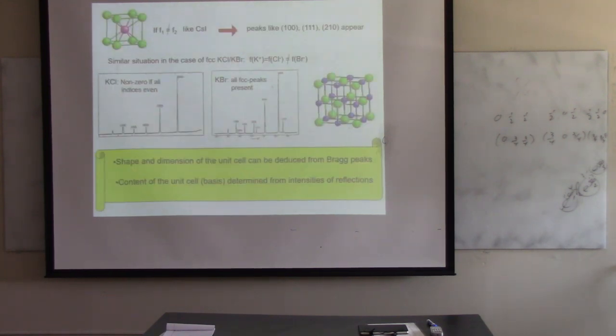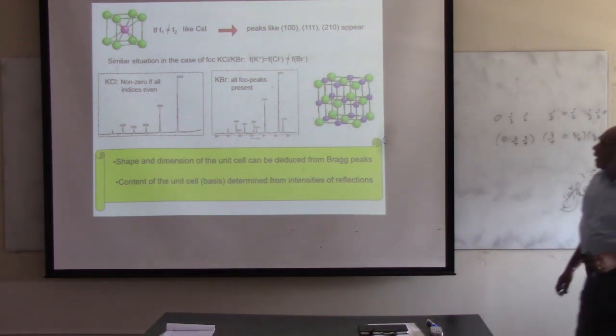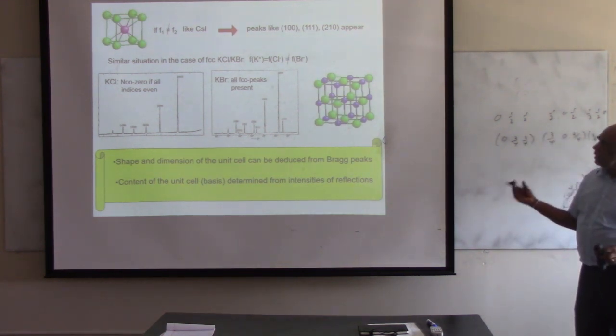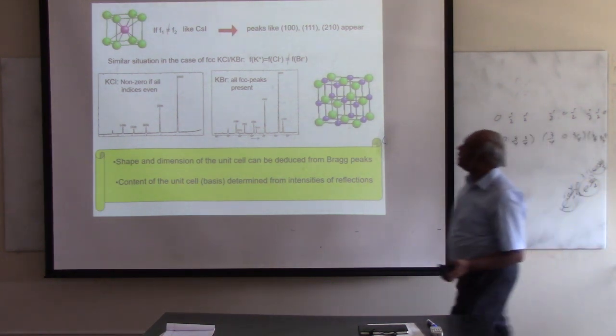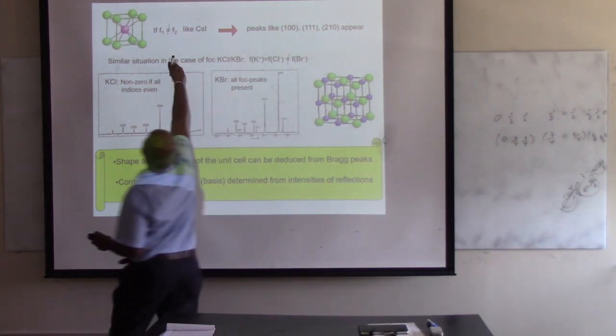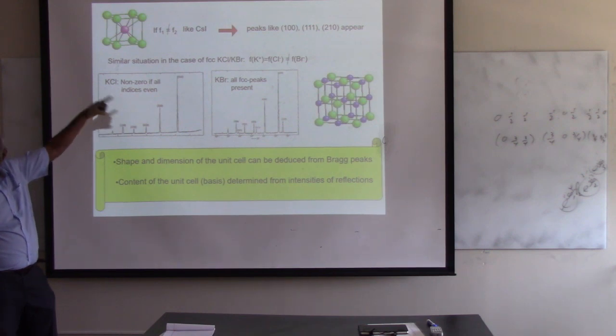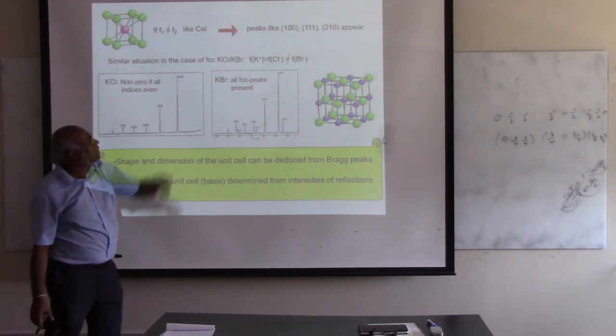Okay, so next thing is, if you remember I talked about FCC, you can have either all odd or all even, right? This is the one I talked about, the BCC, actually the simple cubic with different atom bases, so you can have these additional ones.